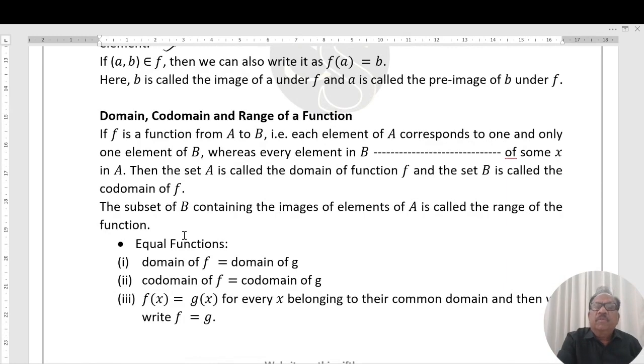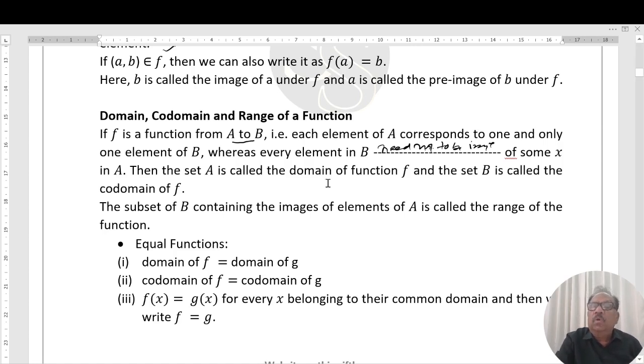If f is a function from set A to B, each element of A corresponds to one and only one element of B, whereas every element in B need not be the image of some x in A, means set B need not be occupied fully, some elements will be pending, right?